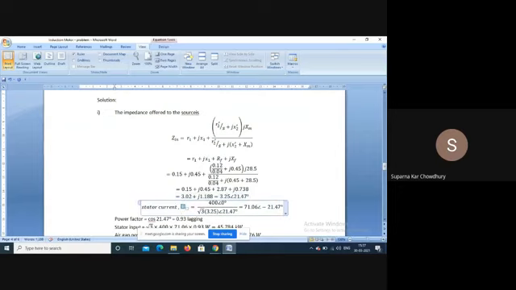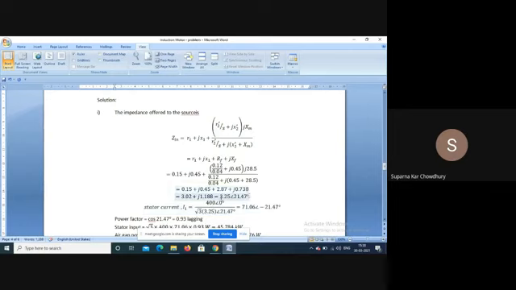21.47. Stator current I1 will be given by the per phase stator voltage. It is a star connected circuit, so 400 by root 3. I have shown the angle as 0 degree because I have taken the voltage as a reference, divided by the total impedance.